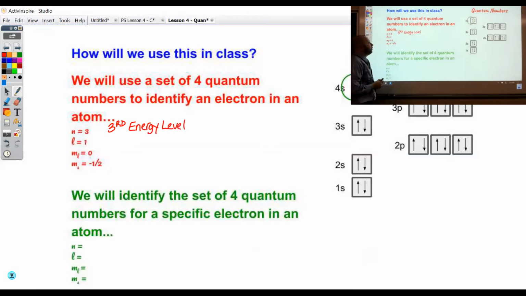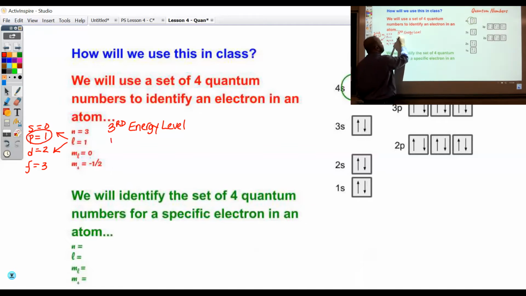The second quantum number, remember, tells us whether we have an S, P, D, or F. So S is equal to 0, P is equal to 1, D is equal to 2, F is equal to 3. Since we have an L equal to 1, that means we're talking about a P sublevel.